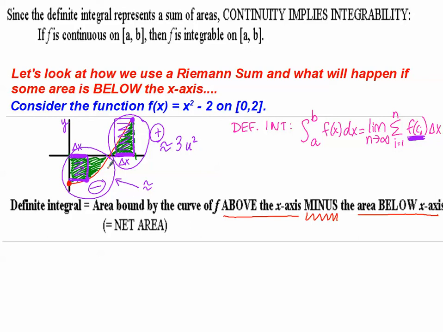The area that's below, the way it's drawn, I'm estimating approximately 4 square units. Because this is below the x-axis, because I'm getting negative function values, it's actually the area above minus the area below if I'm using the function values. So I'm not saying that my area is -1 square units. I'm saying the net area, the difference between the areas.